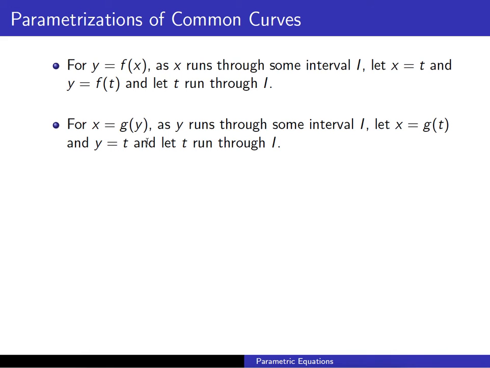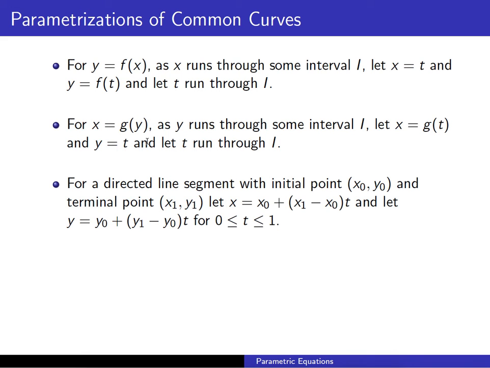original expression. For a directed line segment with initial point x0, y0 and terminal point x1, y1, if we let x equal our initial point plus the difference in x coordinates times t, and then the same thing for y, for values of t between 0 and 1, this will give us our parametric equation for our directed line segment.